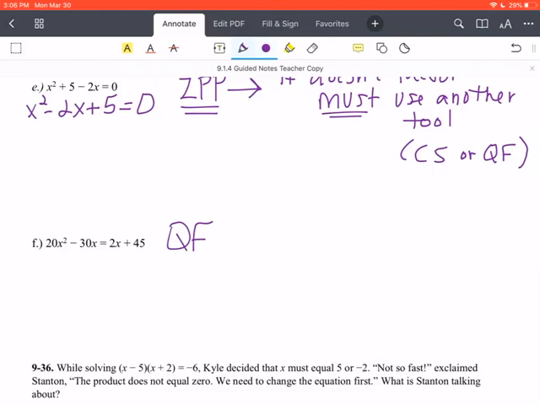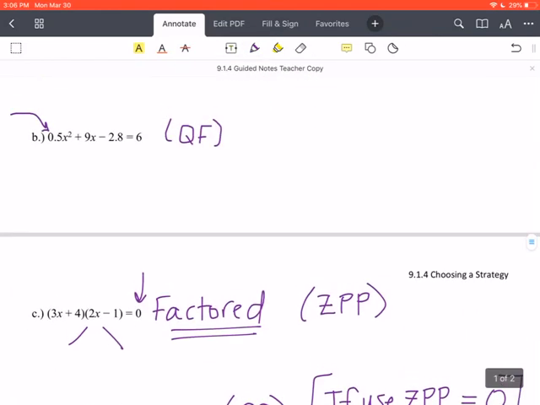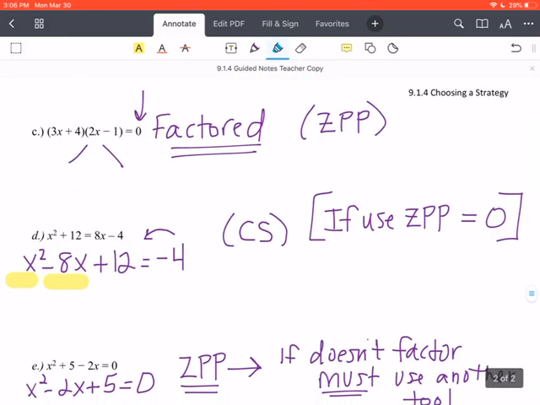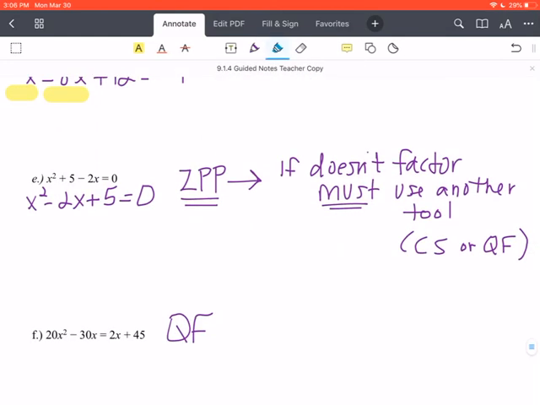So, tonight, your homework is going to be to go ahead and complete, let me get my highlighter, you're going to do all the problems. So you're going to do A, B, C, D, E and F. Okay, so you're going to actually find the solutions using the strategies that we discussed.